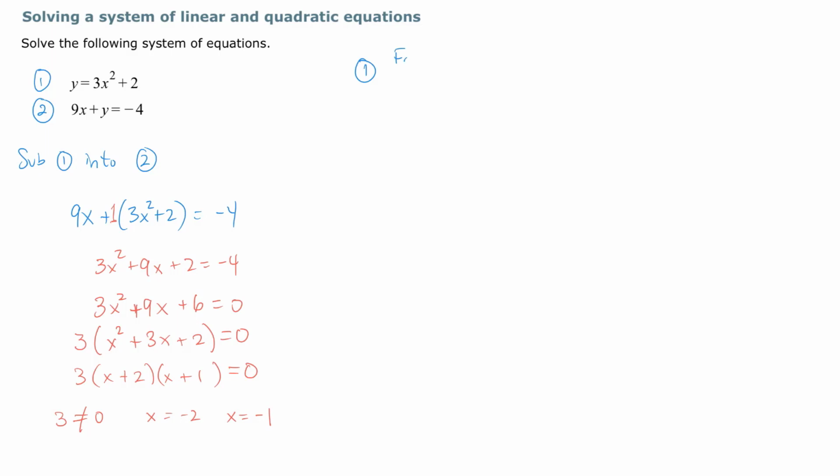So let's say for x equals negative 2, we're now going to use a substitution method. So y is equal to 3 times the quantity negative 2 squared plus 2. So what is our y value? That's going to be 14. What about the other x value?